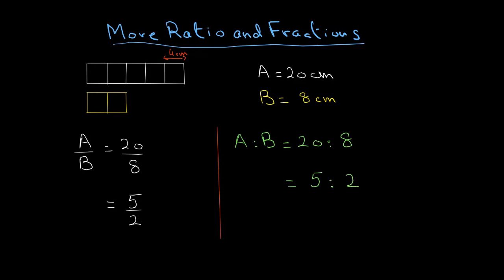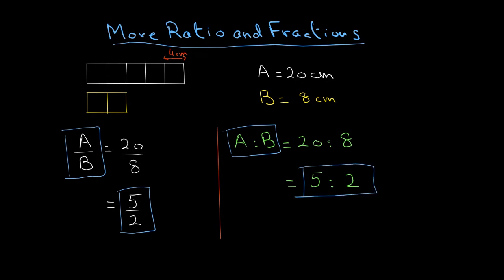So if I look at A over B, I get the fraction 5 over 2, and if I look at the ratio A is to B, I get the ratio 5:2. As you can see, it's very much the same thing, and you can play the same game over and over again with other things.